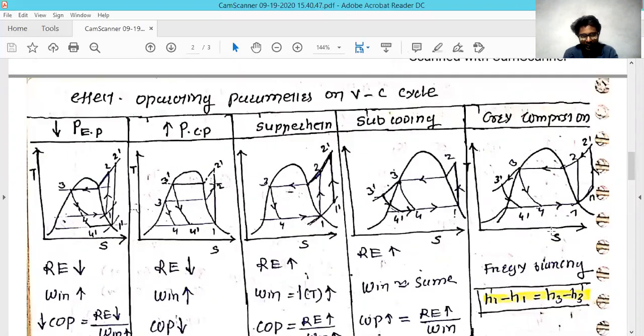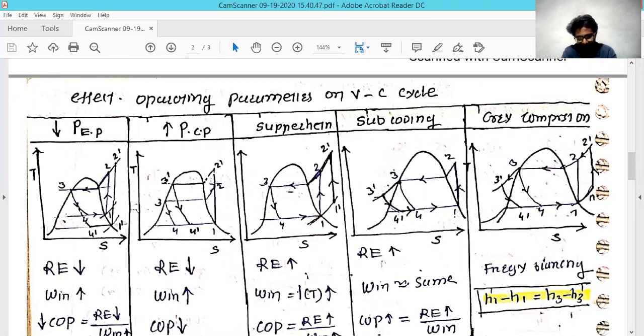Now we move to the second condition, where we are increasing the condenser pressure. The condenser pressure is where we emit the heat to the atmosphere. In the second diagram from the left, the portion is denoted by 2 dash 3 dash, and previously it was 2 and 3.